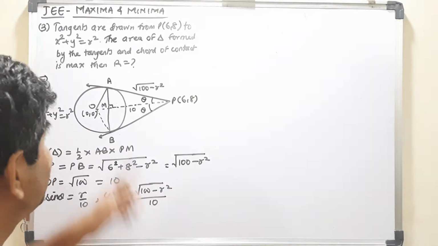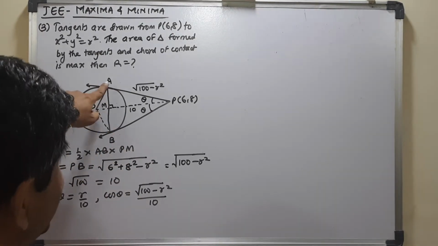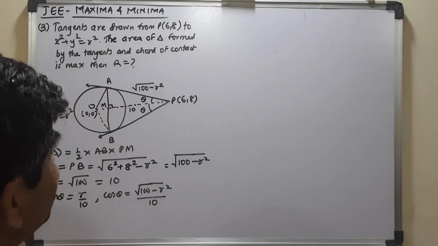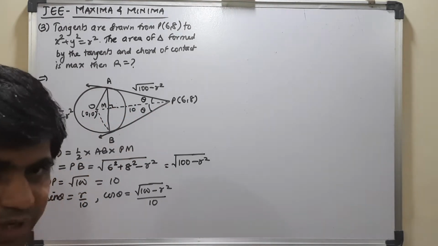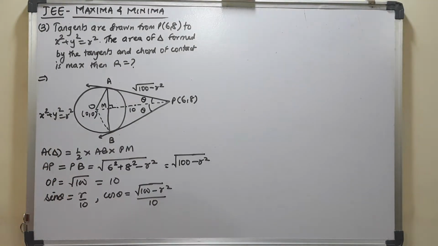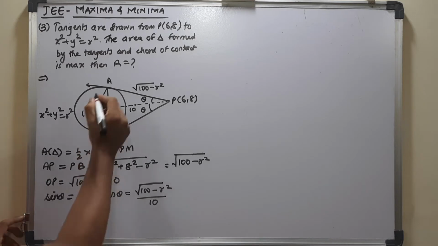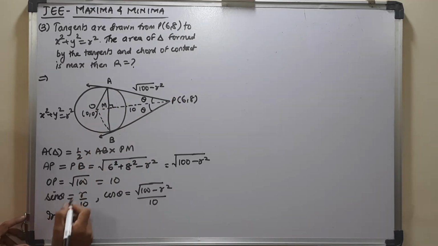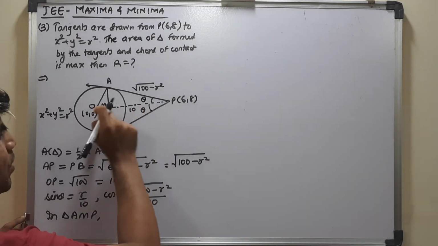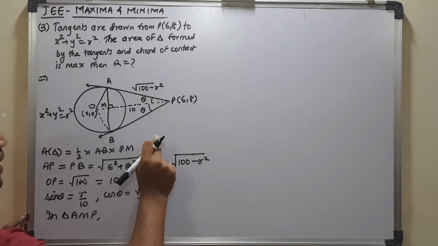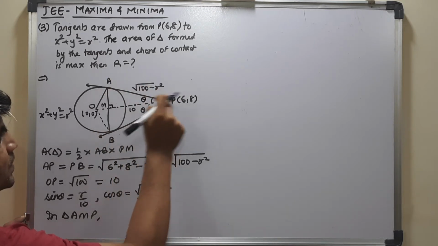What is the role of AM? Whatever is AM, double of it will be your AB, and even PM depends on that only. So your PM, if I take this particular triangle, because I will require this PM also. In triangle AMP, PM is one side, right? And this is known to you, that is the hypotenuse.